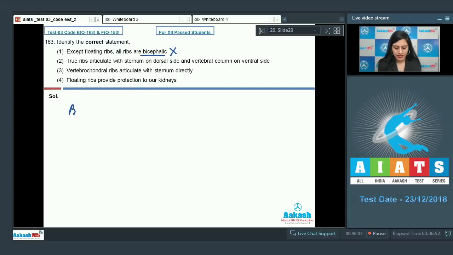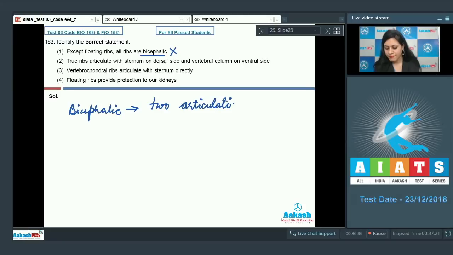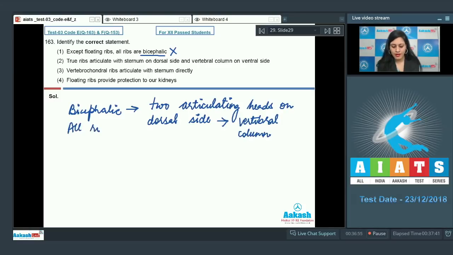Bicephalic ribs means two articulating heads on the dorsal side to articulate with the vertebral column. All ribs are bicephalic.